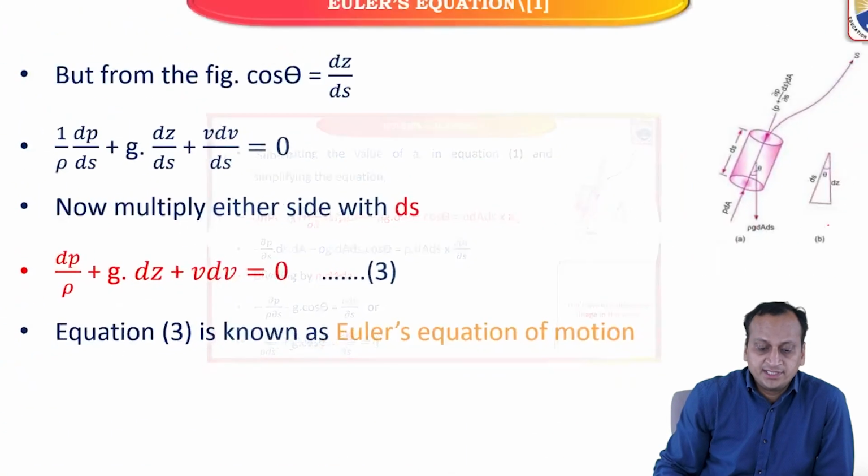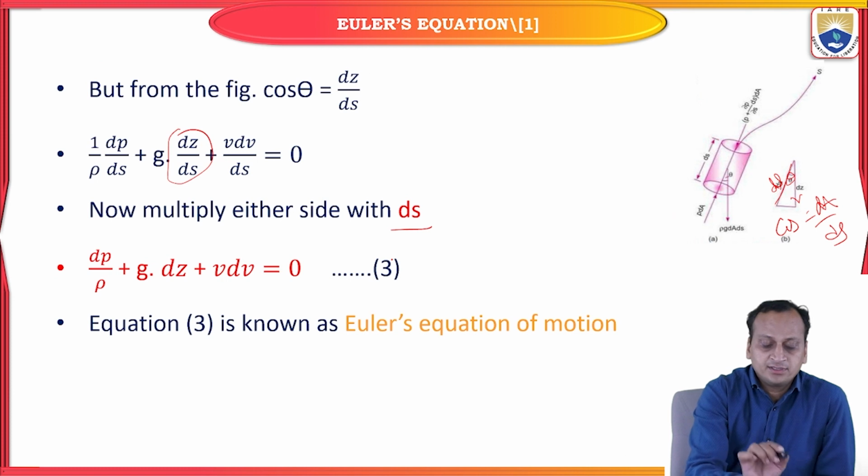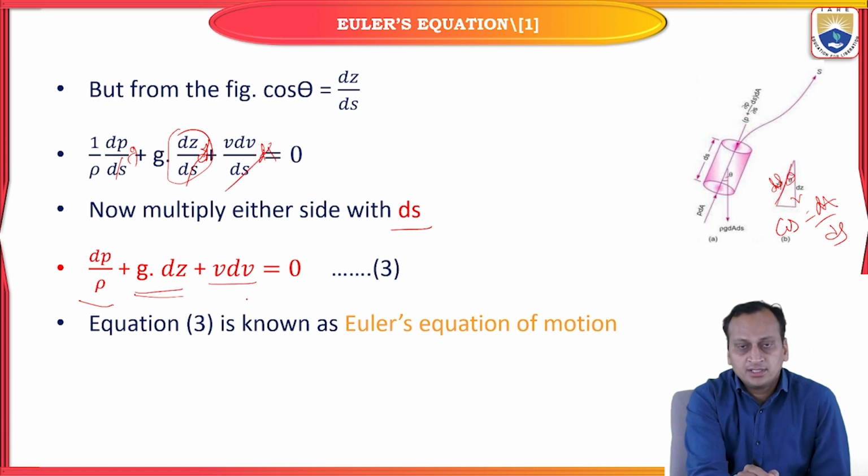If you substitute dz by ds in this equation and multiply the entire equation by ds, it can be written as dp by rho plus g dz plus v dv, since ds gets cancelled.